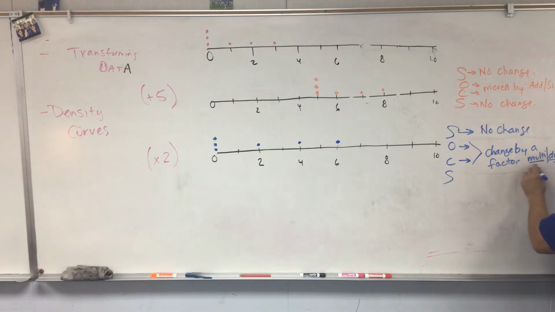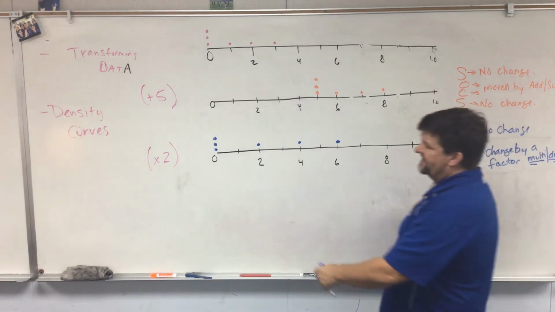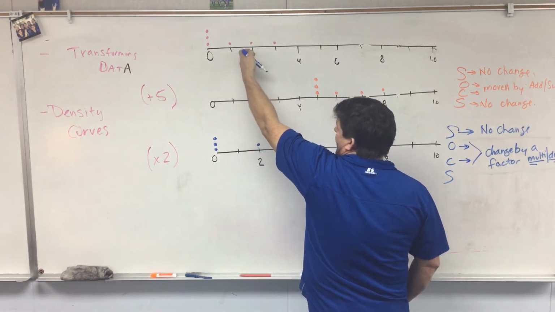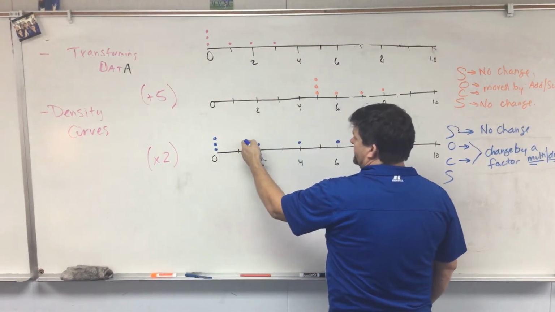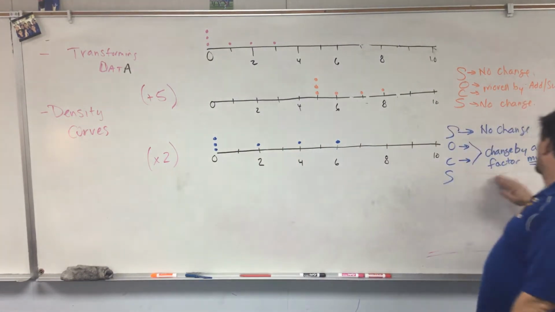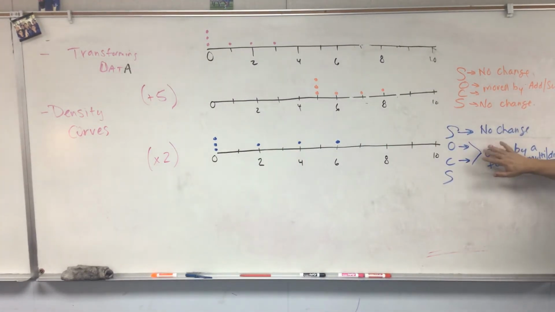So if our center was at approximately 1.5, our center now is going to be at 3, which makes sense because we're multiplying it. So whatever we're multiplying or dividing by, our outliers and our center are going to be affected by that same way.